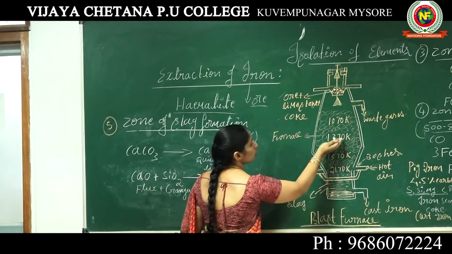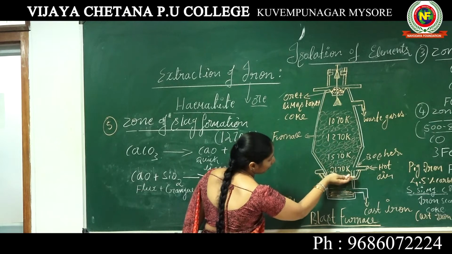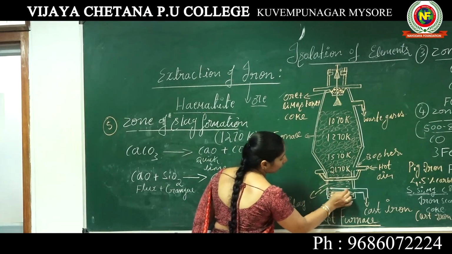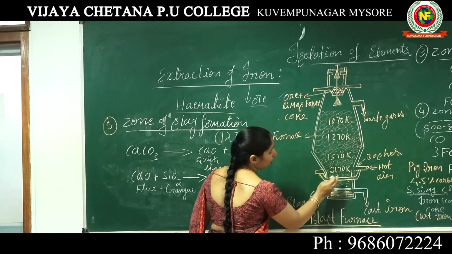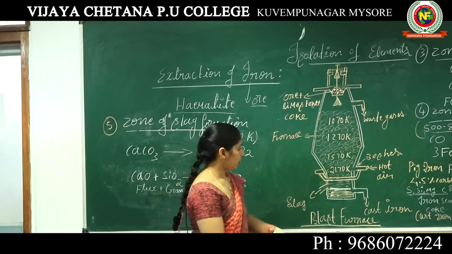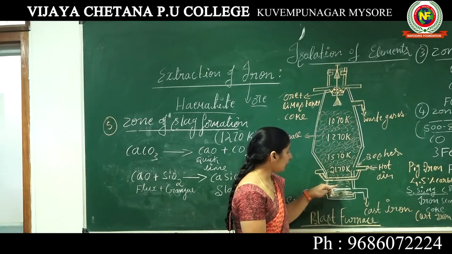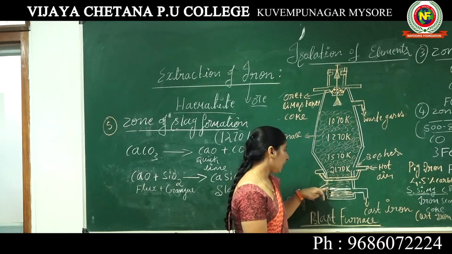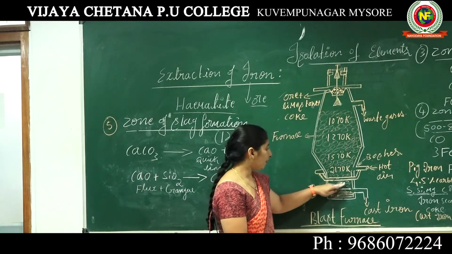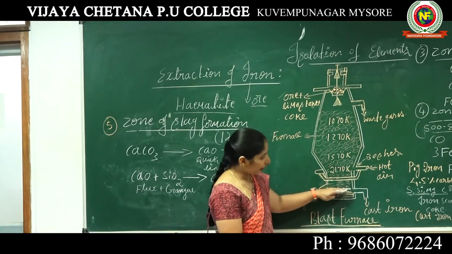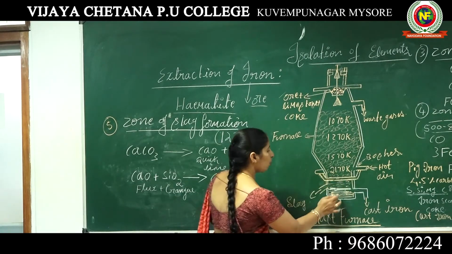The slag will form, and then it comes down and is collected at the bottom of the furnace above the molten iron.